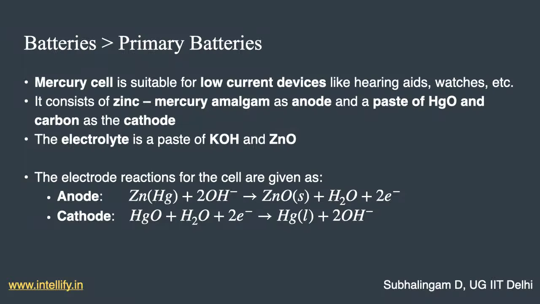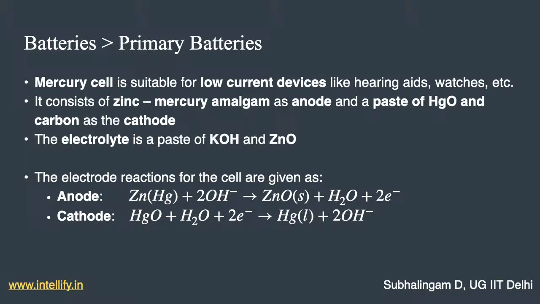So now the half cell reactions. At anode, we have Zn(Hg), that's the amalgam, plus 2 OH-, that comes from KOH, giving ZnO plus H2O plus 2 electrons. Anode oxidation. At cathode, we have HgO plus H2O plus 2 electrons giving Hg plus 2OH-.